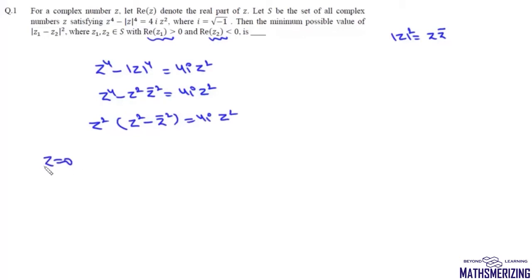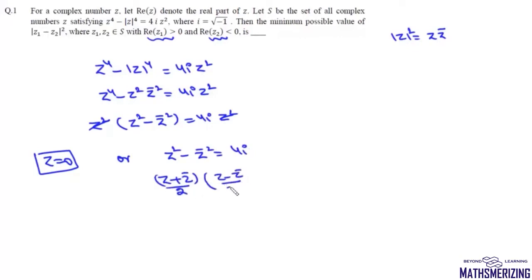So one of the solutions will be z equals 0, or we'll get z square minus z bar square equal to 4 iota. Now we can write this as (z plus z bar) upon 2 into (z minus z bar) upon 2 iota, and it is equal to 1.